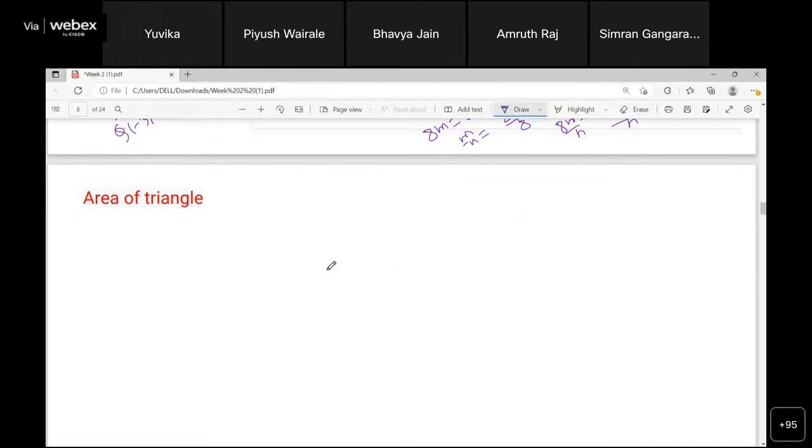So let me just give the hint. Say suppose this is point P, and this is point Q, and say point M. Say it is dividing the line externally. This is point M x comma y. First it was dividing internally, now it's dividing externally. So this is my m from this to this, and this is my n, right? Now in that case, what is my x coordinate will be mx2 minus nx1 upon m minus n.